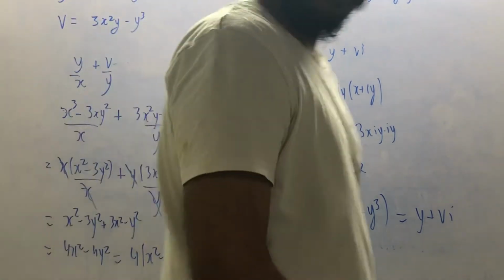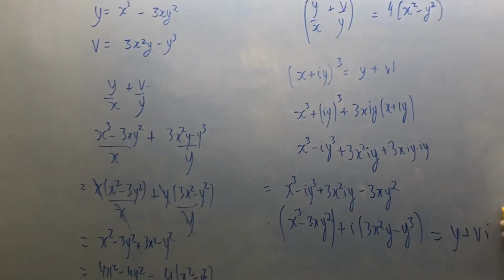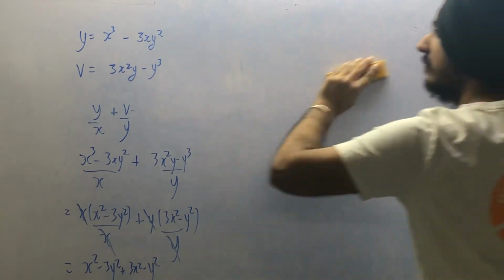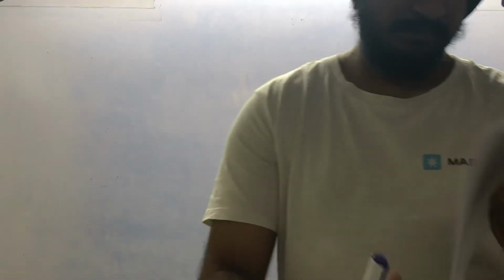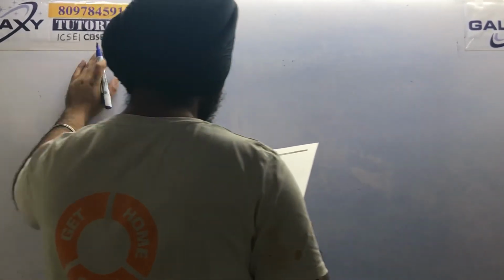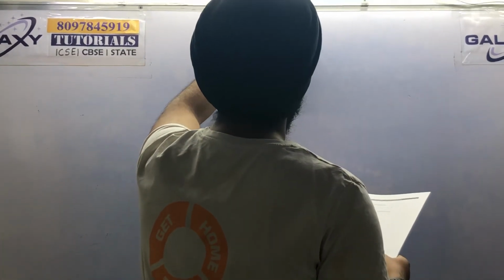Okay, let's do the next question. So next question is iota raised to the power 9 plus iota raised to the power 19.